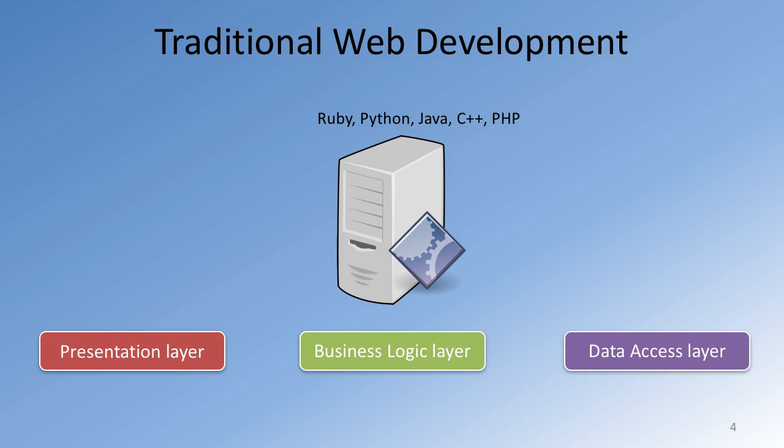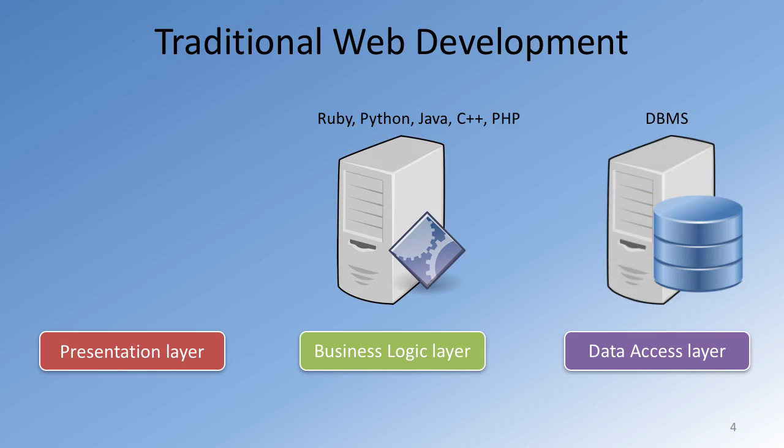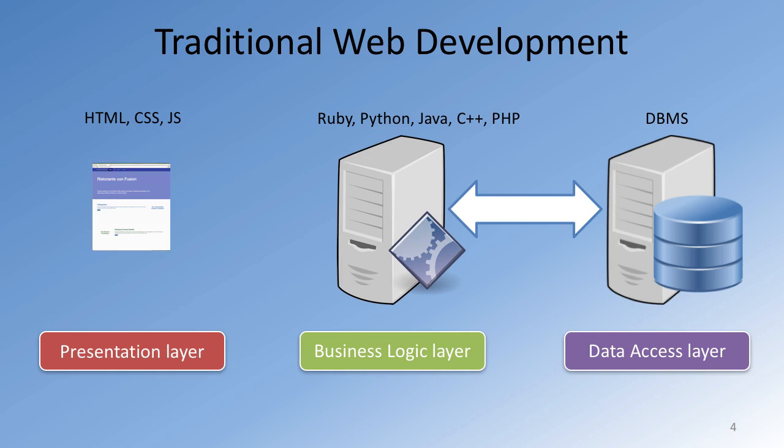This business logic layer is interacting behind the scenes with the persistent data typically stored in a relational database and accessed by the business logic layer. The business logic layer is also concerned with the rendering of information to the front side, typically in the form of server-side rendering these days. So the HTML, CSS, and JavaScript is generated on the server side and then sent over to the client side in the form of a web page.